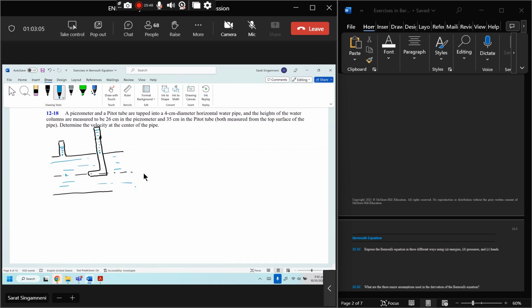We take, say, this as point 1 and this point as point 2. If you apply the Bernoulli equation between these two, P1 over rho g plus V1 squared over 2g plus Z1 equals P2 over rho g plus V2 squared over 2g plus Z2.